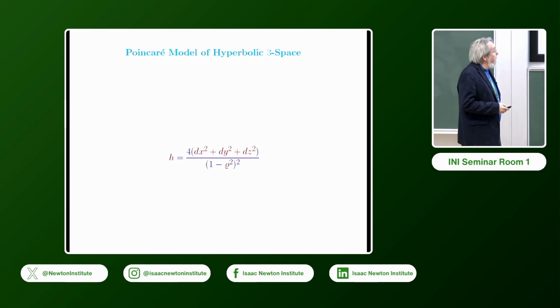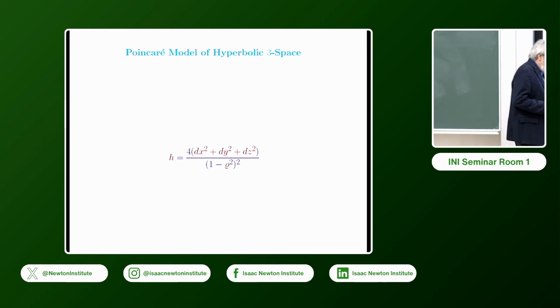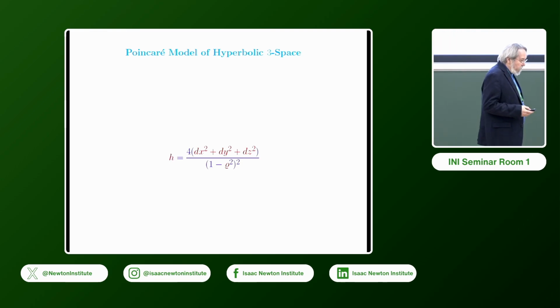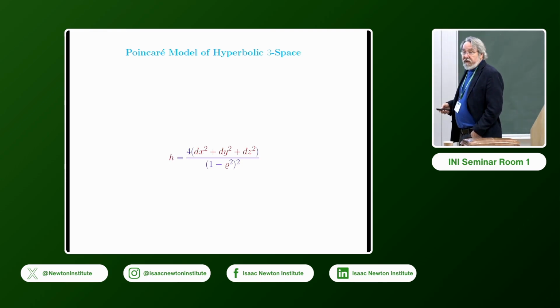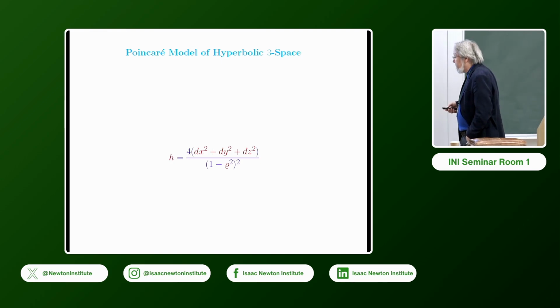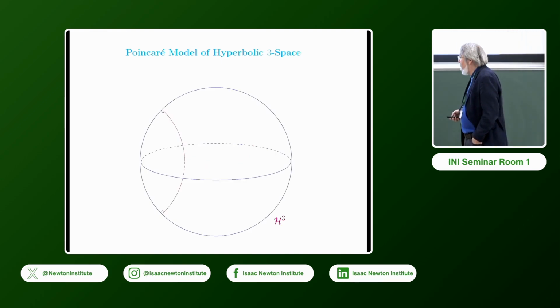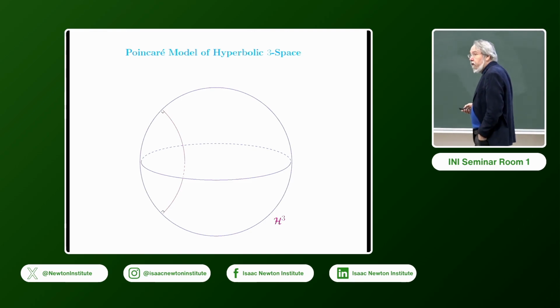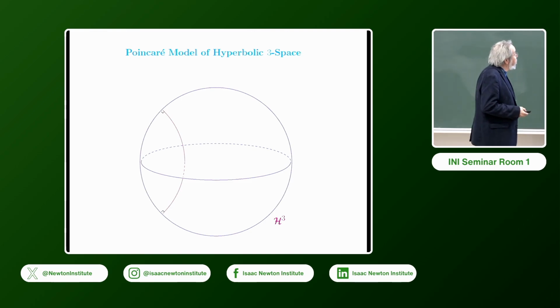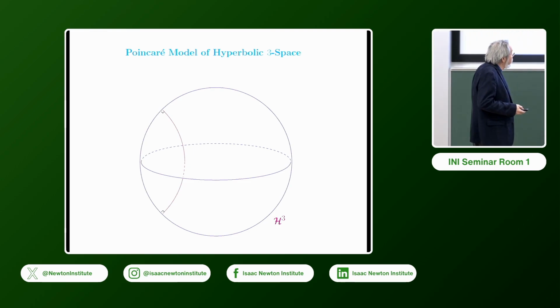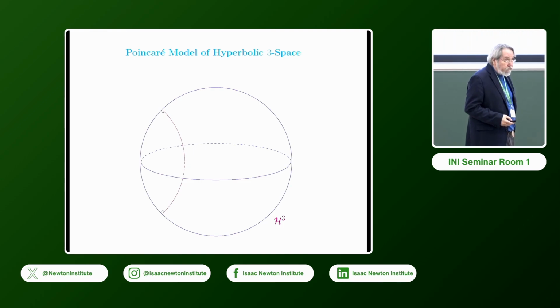A good way to think about hyperbolic three-space is as the unit ball in R3 with a metric which is a conformal rescaling of the Euclidean metric. For this metric, the geodesics are Euclidean circles or segments of circles that are perpendicular to the boundary sphere.